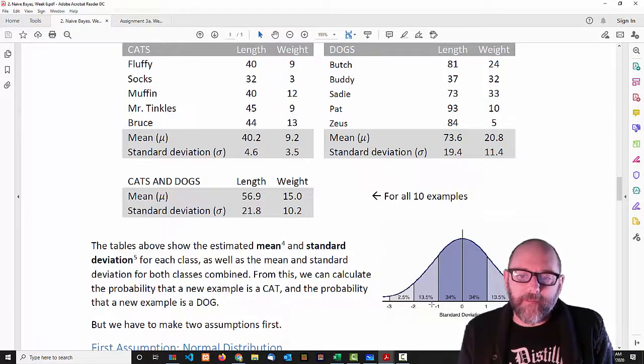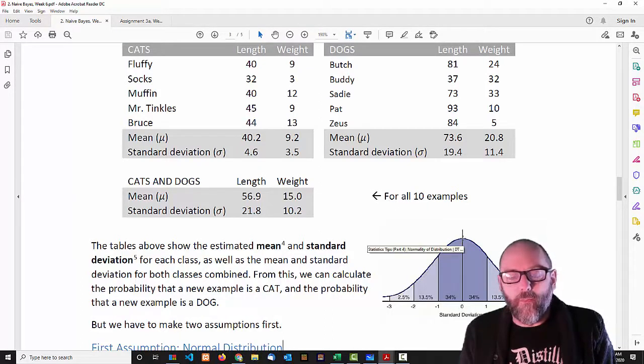When data is normally distributed, you can quantify that distribution. So for example, the mean length of a cat is 40.2, so that would be here in the middle. The highest probability weight, what this is measuring here, is the probability of getting that particular length.